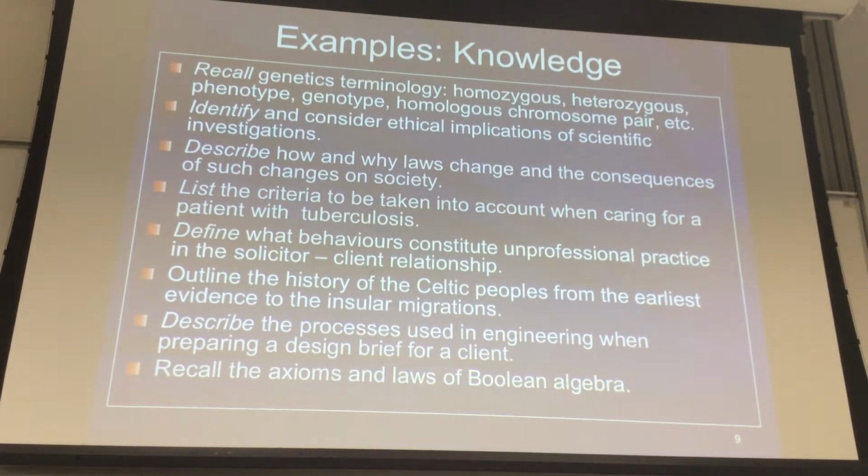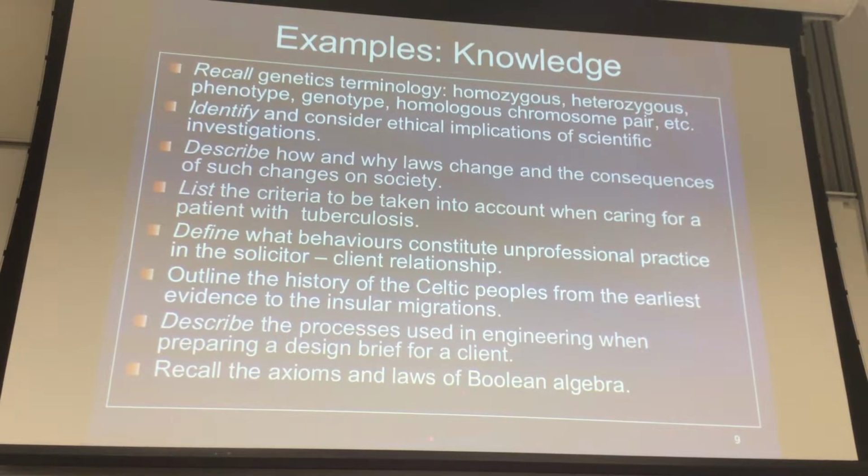The second thing is they're all simple sentences. Nothing complicated. It's very obvious what they mean. And the third thing I want you to notice is they go across all subjects. We start with biology, ethics, laws, medicine, law, history, engineering, mathematics.